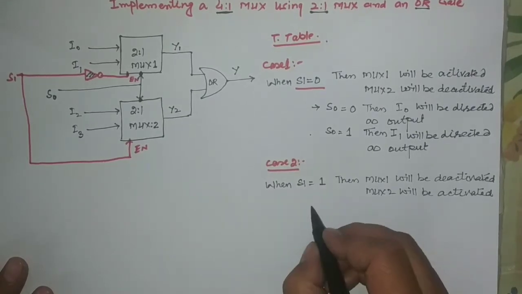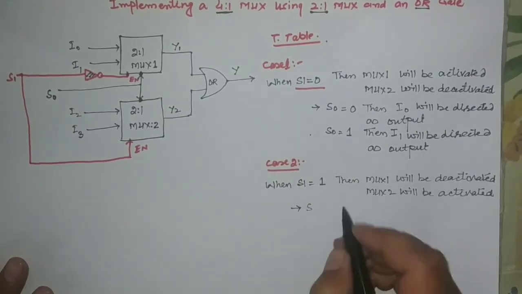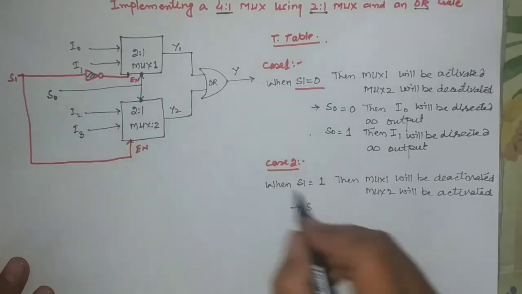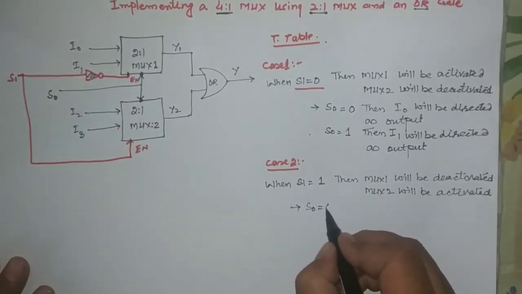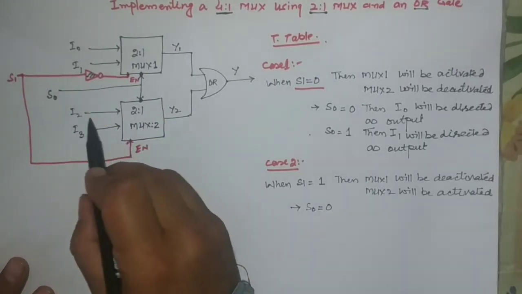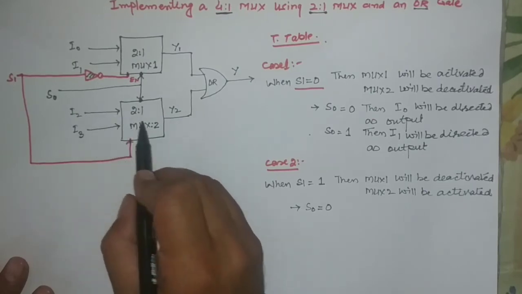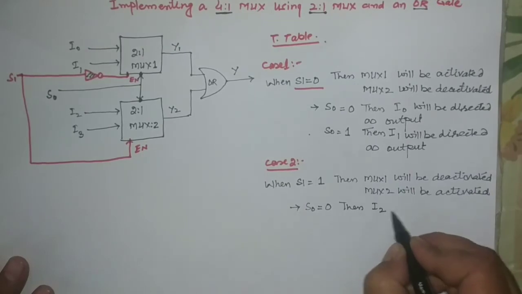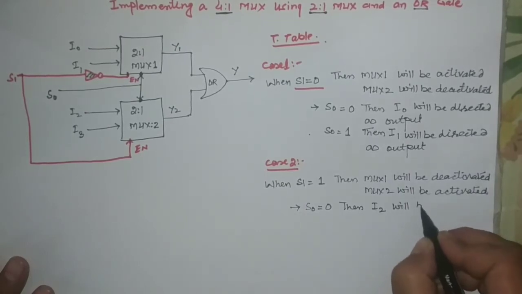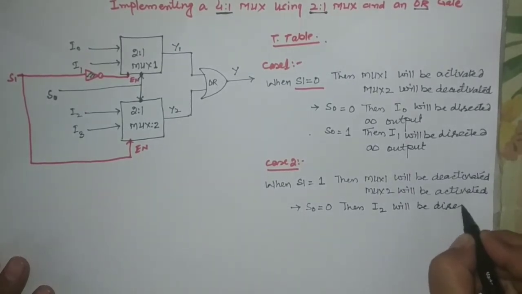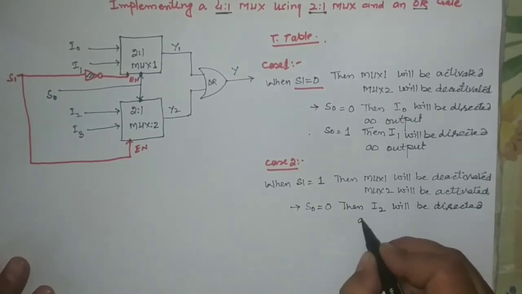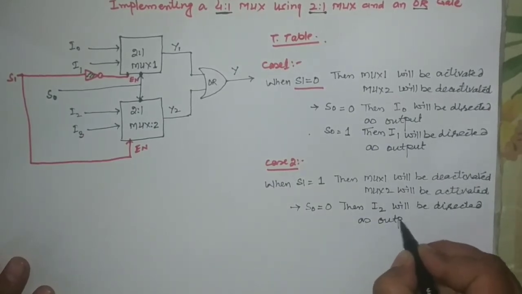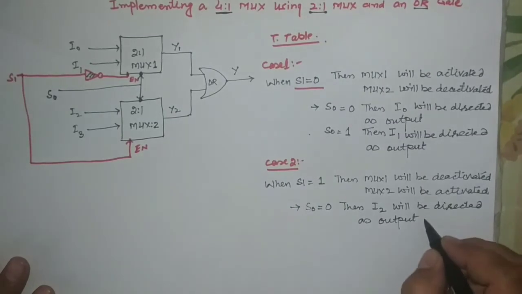Again we have to check the value of S0. When S0 is equal to 0, then obviously I2 will be directed as output through Y2.